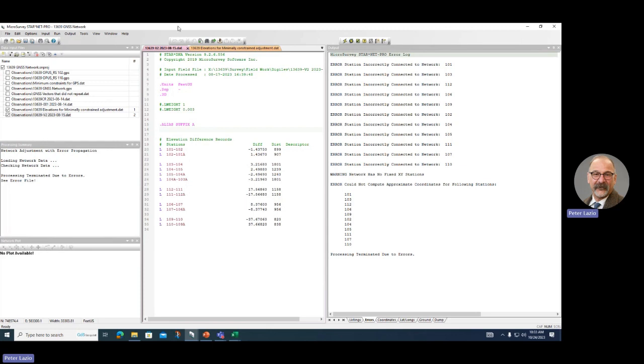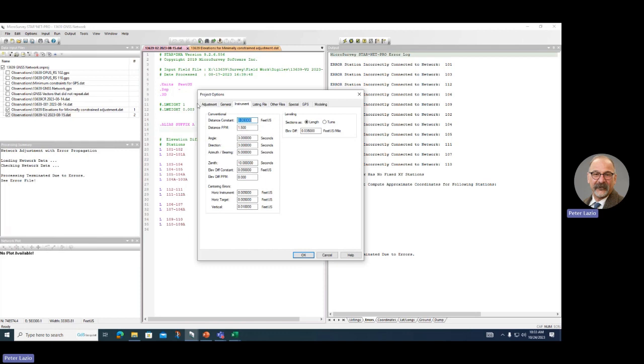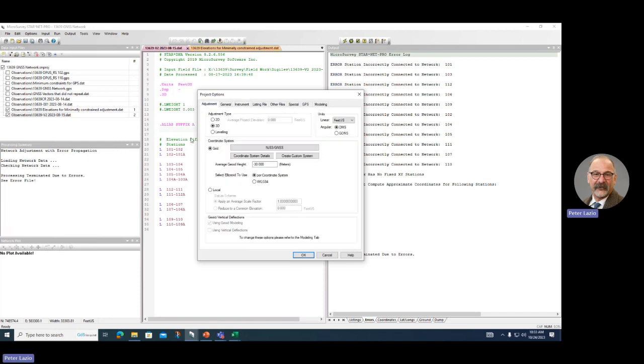Oh, okay. When you see something like this, it thinks it's doing a 3D adjustment, but it only has leveling, so it has no way to create a coordinate. So just switch that to leveling. A lot of times I'll do my leveling separate, and we saw that before. Because we're going to include this in here, I just left it in here.